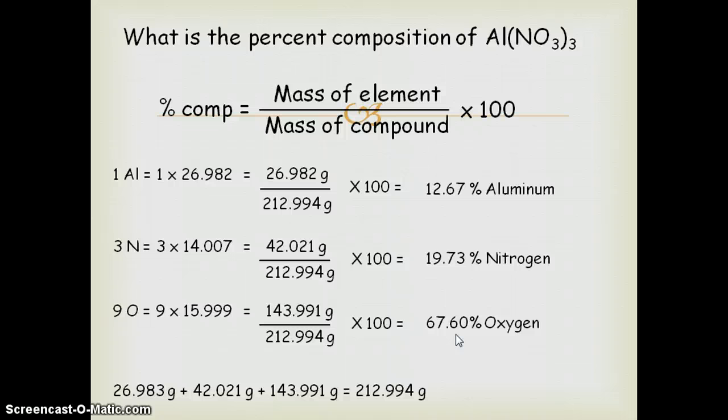Now, if they give you 99.99%, it doesn't mean you did something wrong. It just means that you might have a rounding error because you did round to the nearest 100th place. But adding those together should give you 100 or really close to it, and that will tell you that for sure you have the right percentages there.